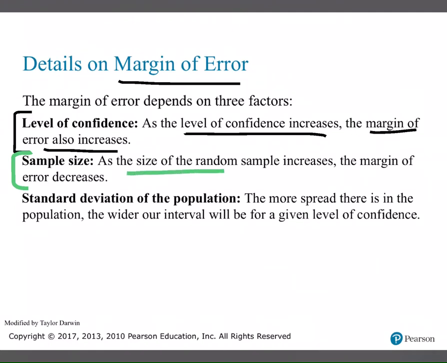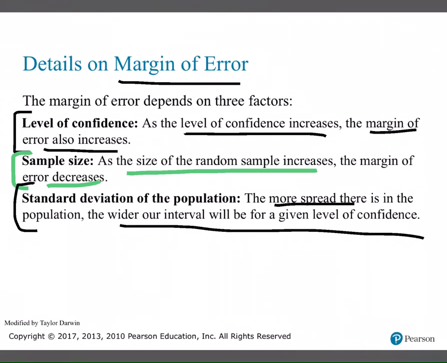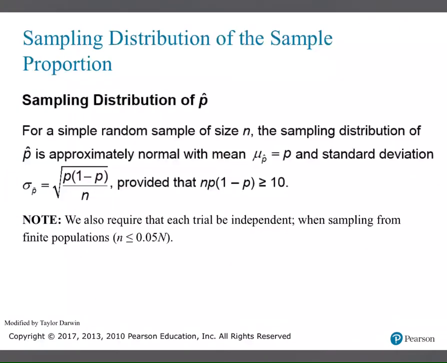As the size of the sample increases, the margin of error decreases, which hopefully makes sense because the more samples you get, the less error you expect to have, the more legit our data is going to be. And standard deviation, the more spread there is in the population, the wider our interval. So hopefully that makes sense too. The more spread out it is, the wider the interval is going to be.